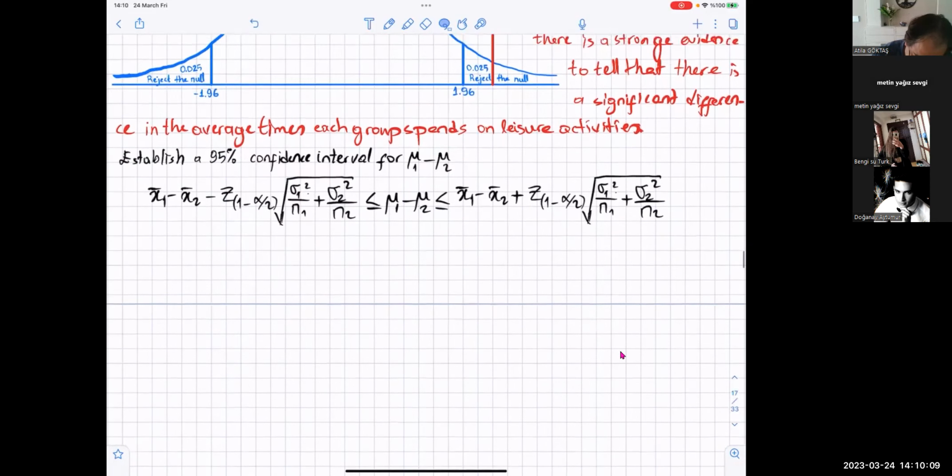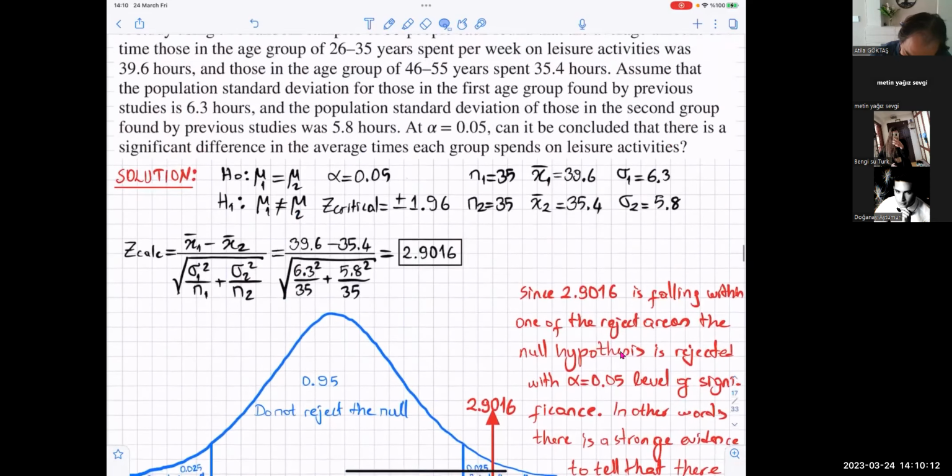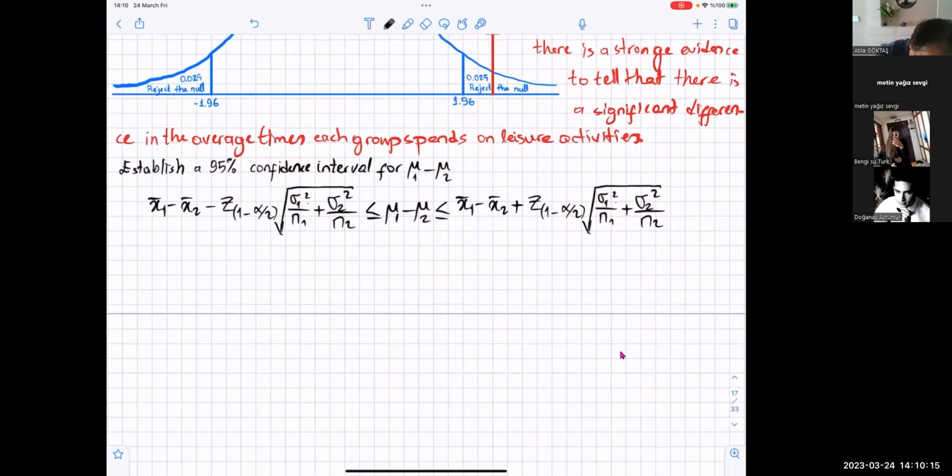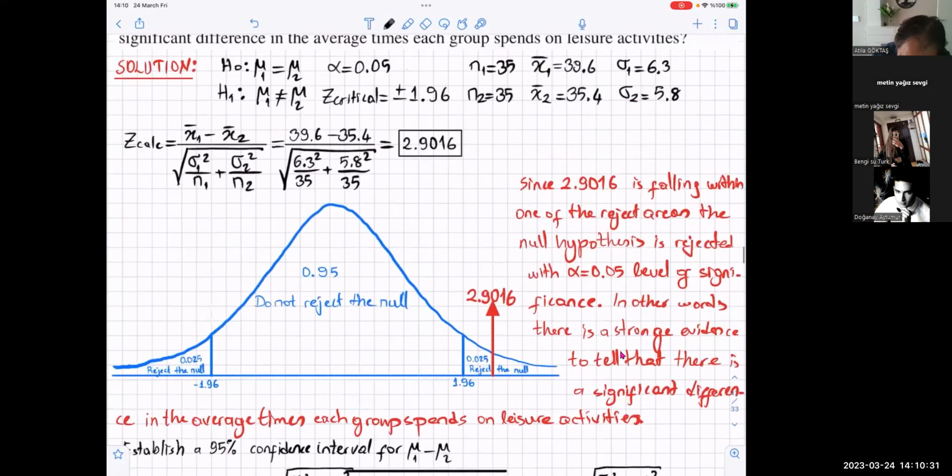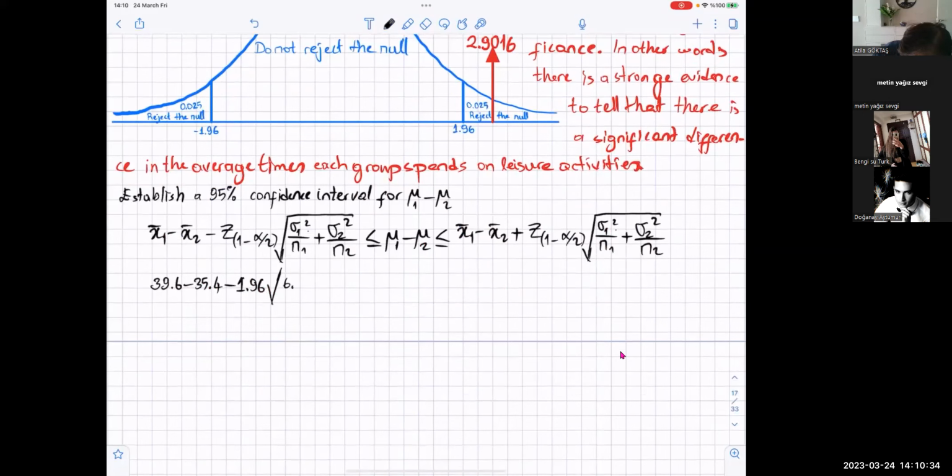Okay, so x1 bar is 39.6 minus 35.4 minus 1.96 times the square root of 6.3 squared divided by 35 plus 5.8 squared divided by 35, and this is within the square root, mu1 minus mu2.